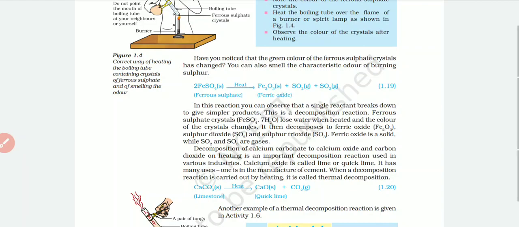In this reaction we can observe that a single reactant reacts. 2FeSO4 is the single reactant which decomposes into ferric oxide, Fe2O3, sulfur dioxide, SO2, and sulfur trioxide, SO3.